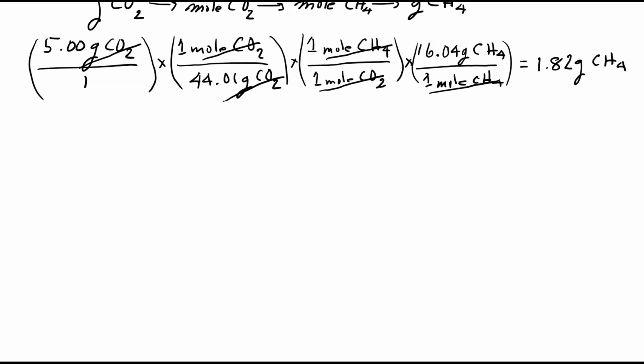Okay, so for the next variation on this theme, we can also look at the amount of energy released in a reaction. Again, we're going to stay with the combustion of methane. So in this case, we could have a problem that reads something like this.